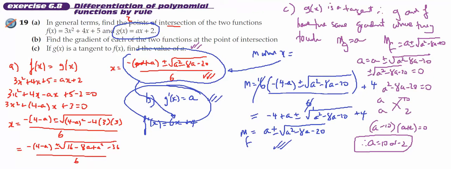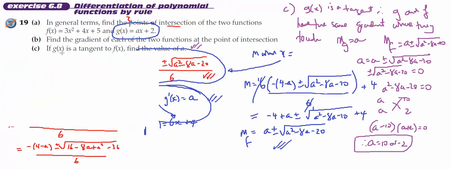Now, if I was to have a little look, one is a parabola that goes through 5, and the other is a straight line that goes through 2.